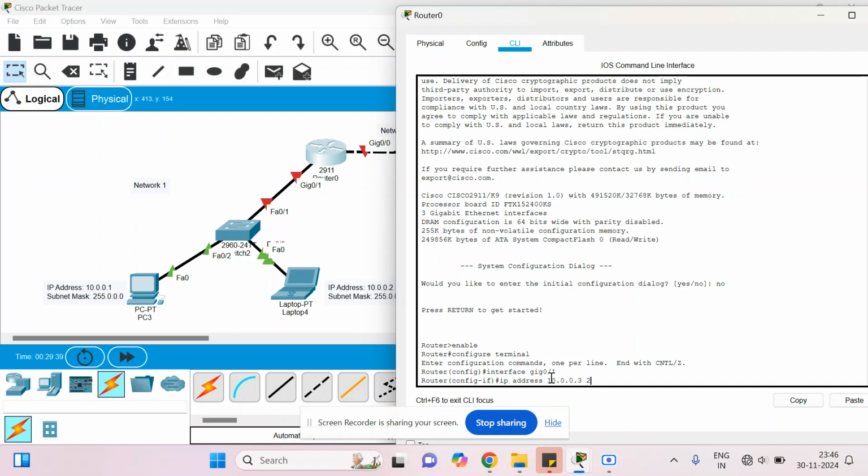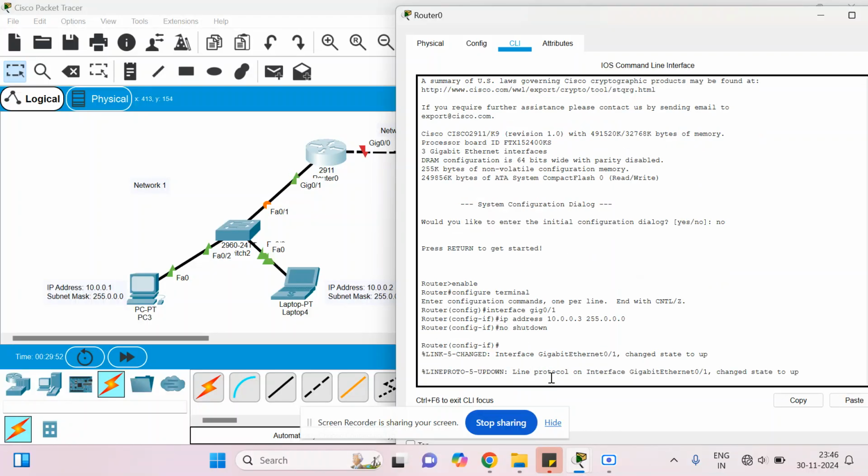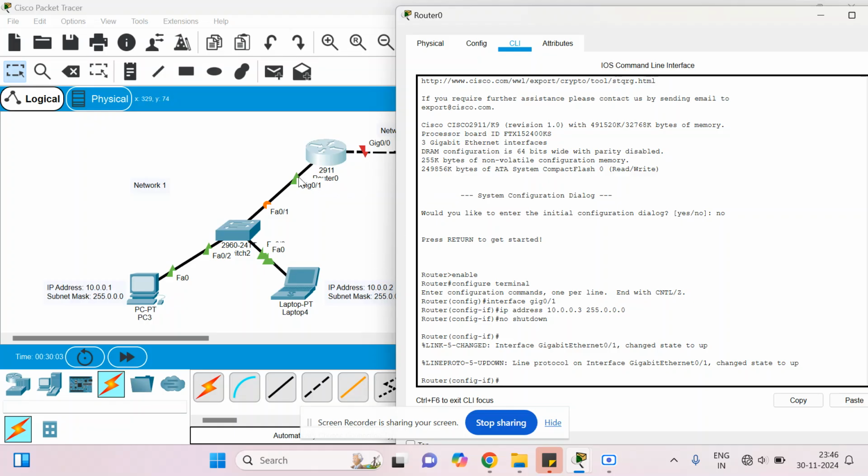Then space subnet mask, class A default, and enter. Then the command is no shutdown. By default all the interfaces are in shutdown mode, so we have to write no shutdown. Now its state changed to up; the message also floats over here. Press enter. Now this red color also turns into green. This gig 0/1 is up now.